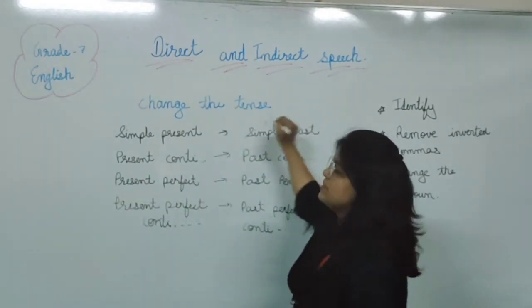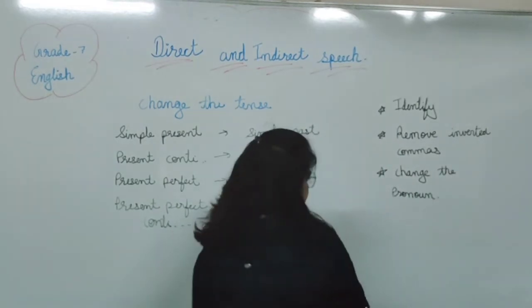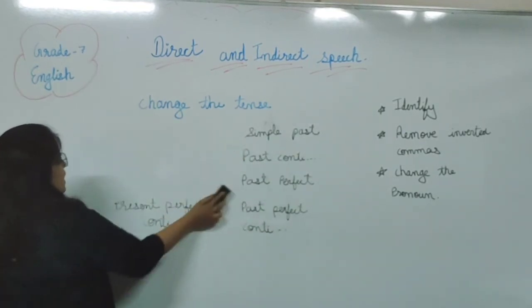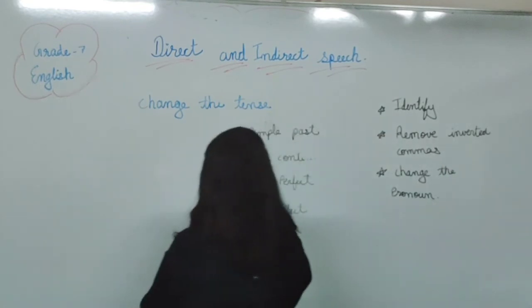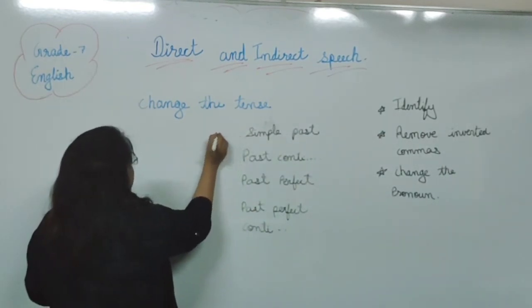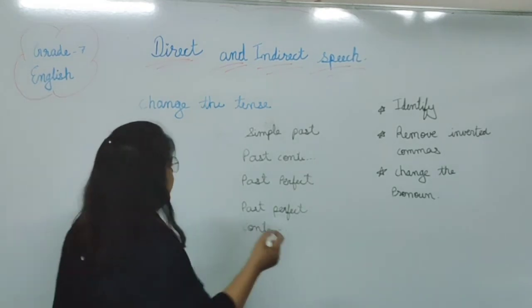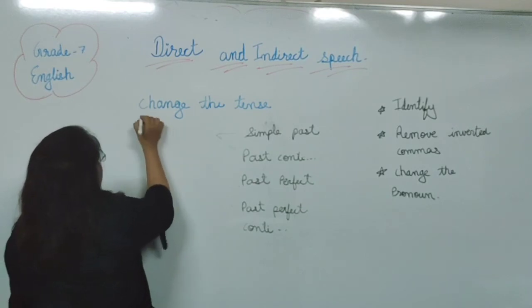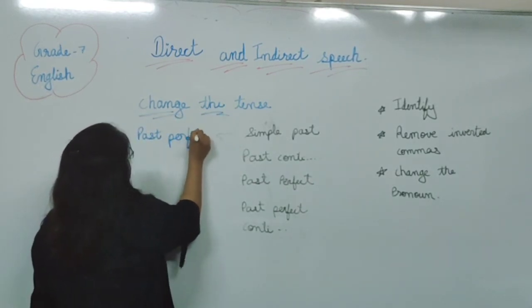Now what about the past tenses? We will convert it into future? No. See, when the sentences are in past tense, like these are the tenses, 4 tenses you can see. So if the sentence is in simple past tense, so what we will convert? We will make it past perfect.